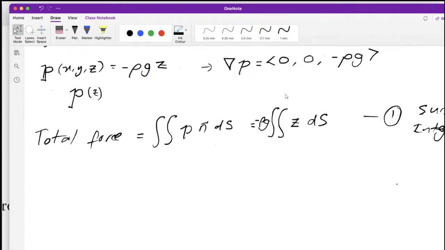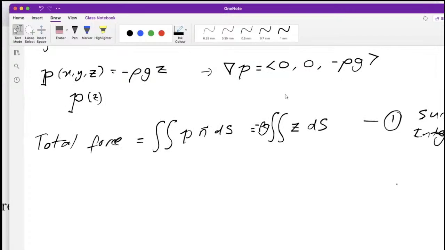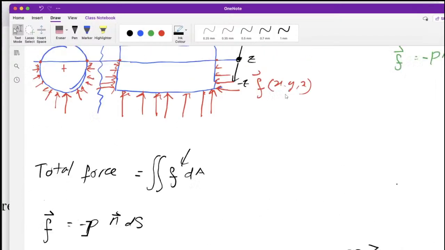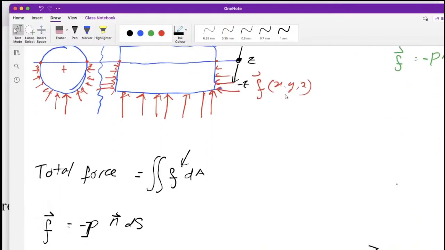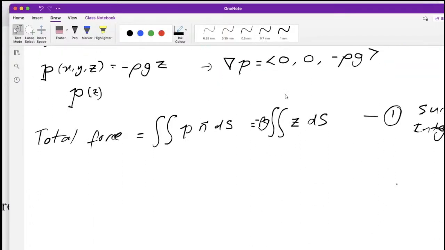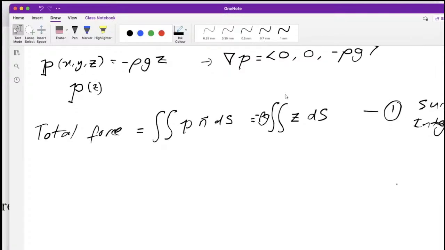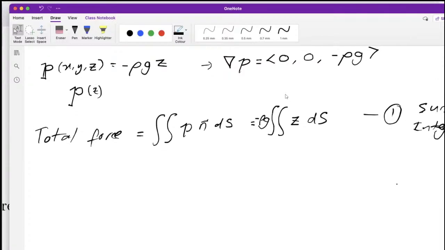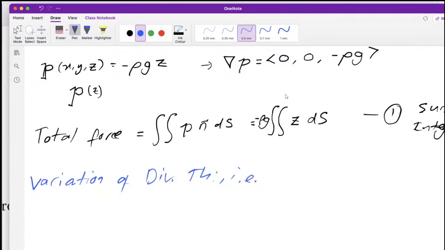Okay, now this is where we want to find the second form, which is given by the variation of the divergence theorem, i.e. the gradient theorem.